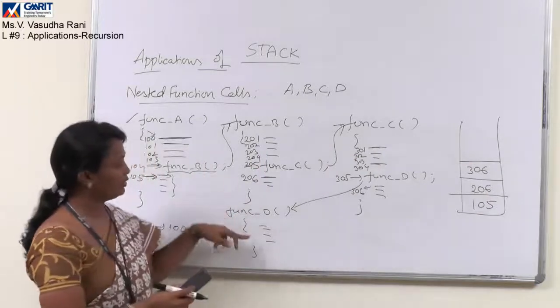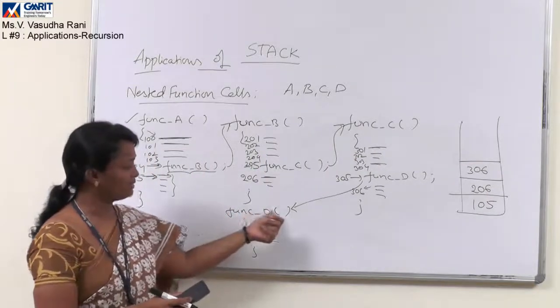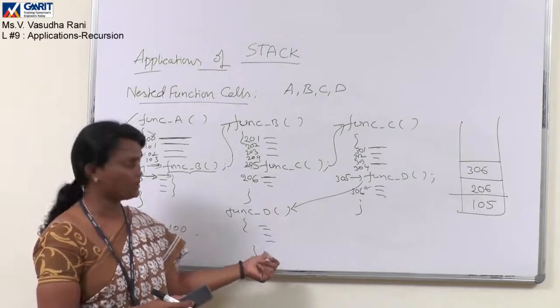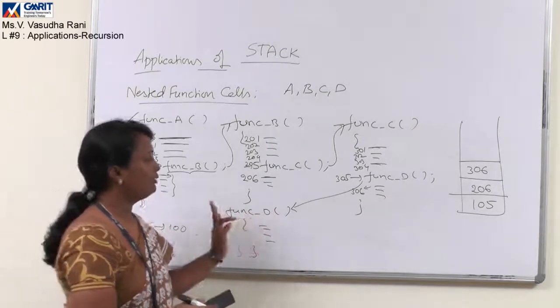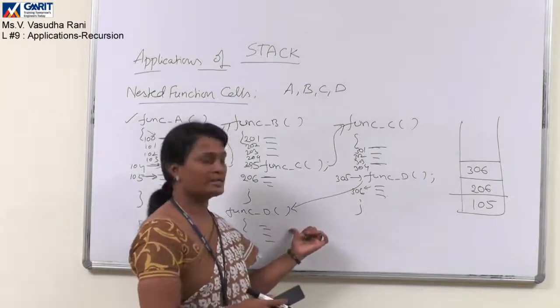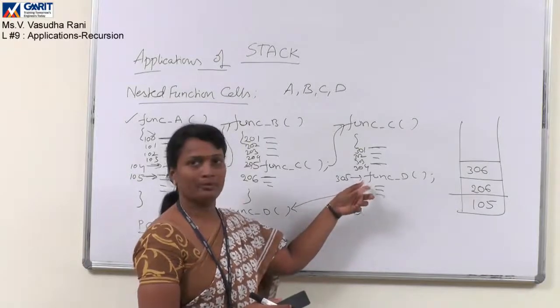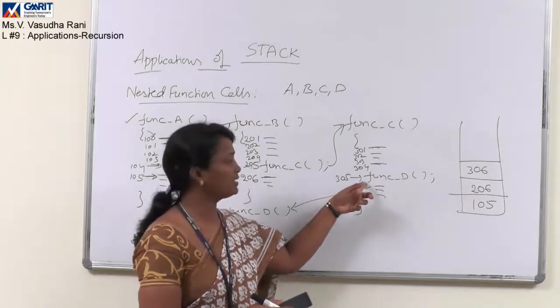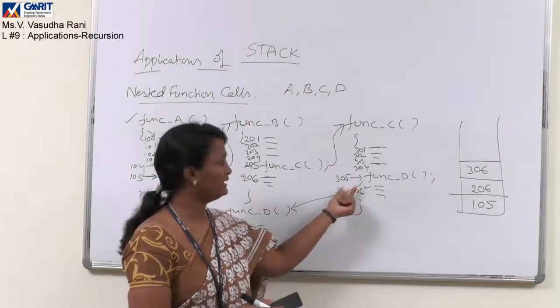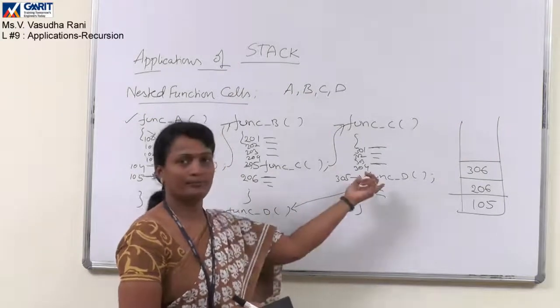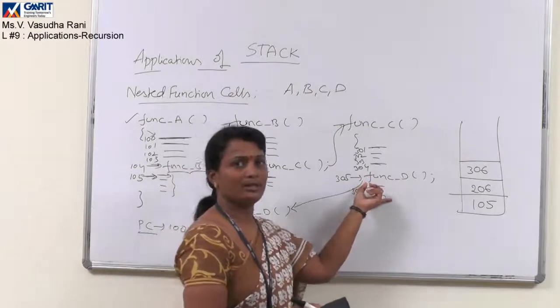And here one thing we could observe, after the execution of function D completes, control obviously has to come to the address location 306 because it is the previous execution part that was done.